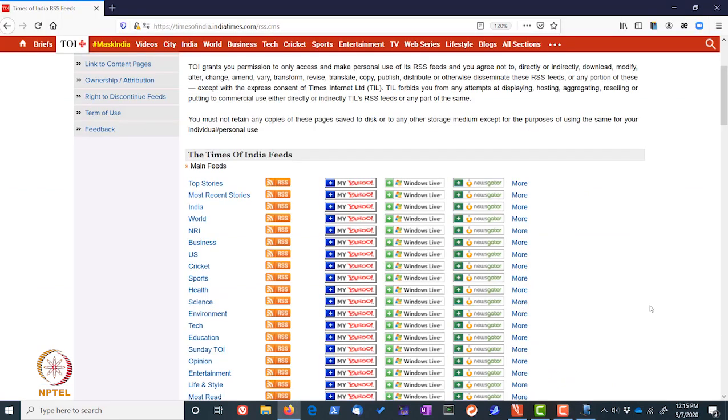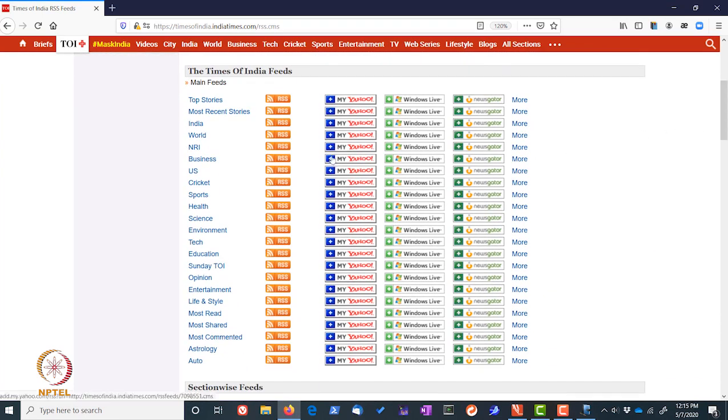I'm showing you the RSS page of Times of India. It's a very popular newspaper in India. The Times of India is publishing stories with respect to many topics: top stories, India, world, business, cricket. If I want, I can subscribe to many of these topics.